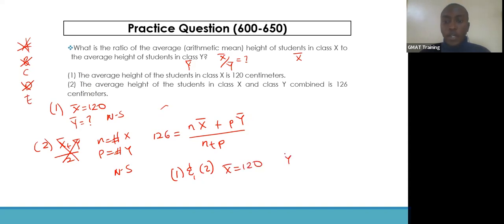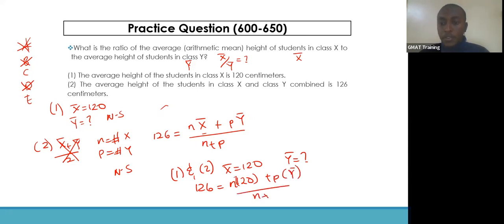We only need the Y bar, right? How can we find the Y bar? We know that 126 equals, and we can replace the value of 120 in this formula so that you can find the value of Y bar. So N times 120 plus P Y bar.